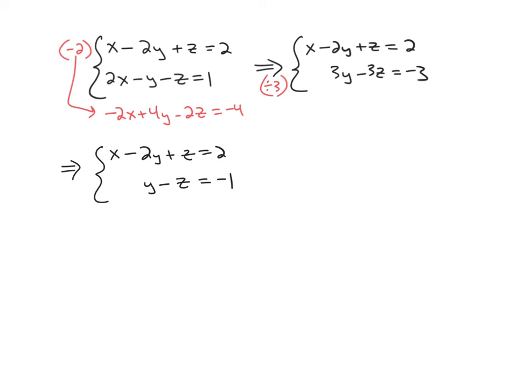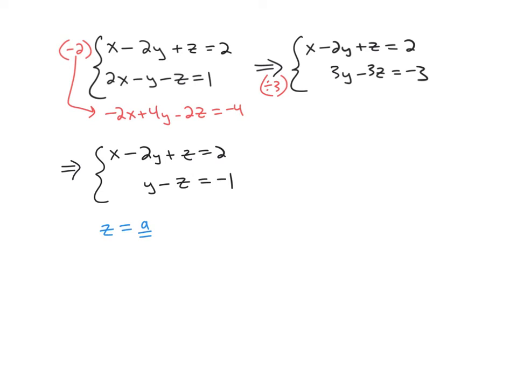Okay, now I can't go any further. I've got this blank spot here, but there's no way for me to go any further. So what I'm going to do is let z be some arbitrary number a, and then I'm going to use that to back substitute.